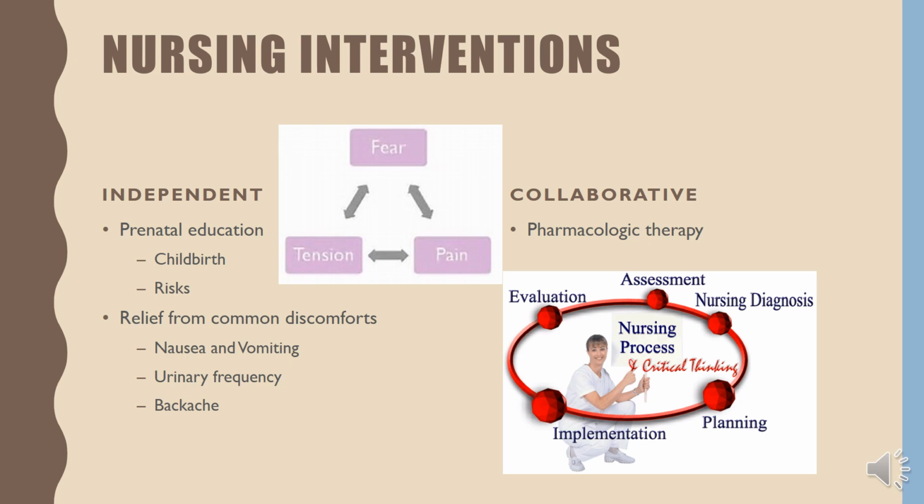In addition, there's several common discomforts, and those are listed on a handout that you're going to receive. And we're going to be talking about what can we do to suggest some relief for those discomforts. So nausea, vomiting, urinary frequency, and backache. So pay attention to that handout and think about what kind of education or interventions could you offer to this client based on some of those discomforts that we talked about on the previous voiceover.